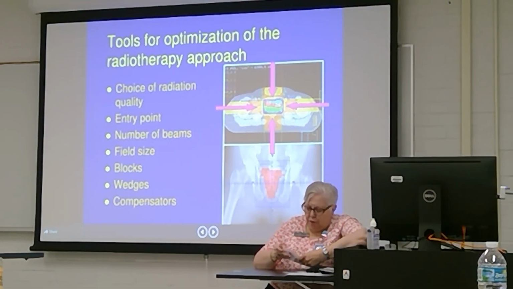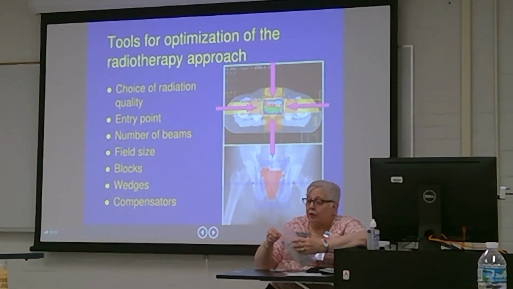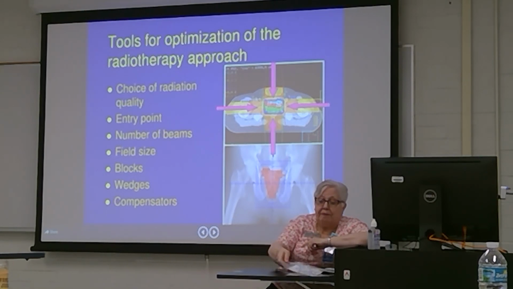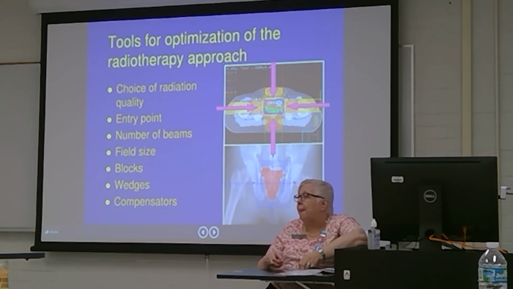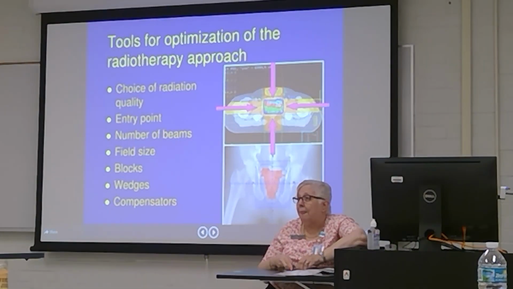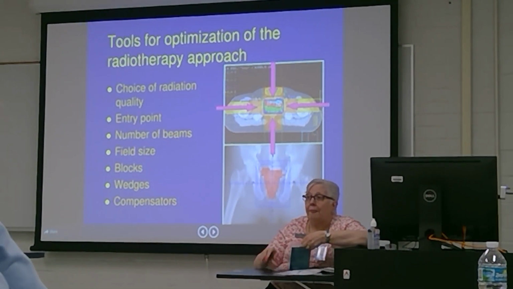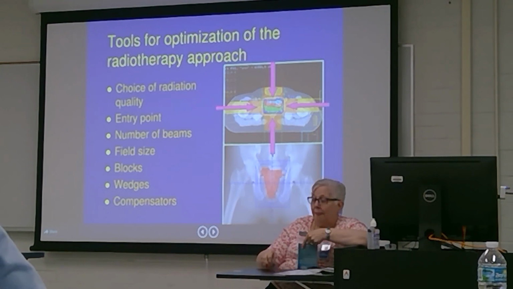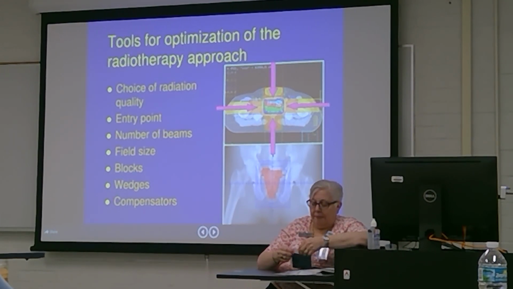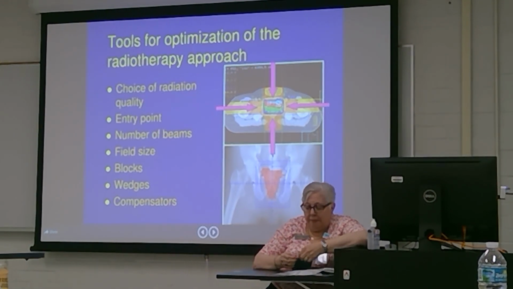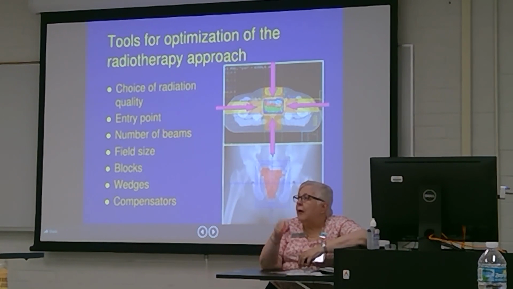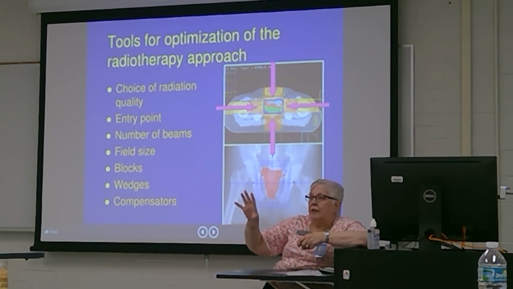And if you have a boost, is that a different color also? What was the question? If you have a boost, is it a different color? I know in some, the isocenter is black markers. Yeah, so that's one department.